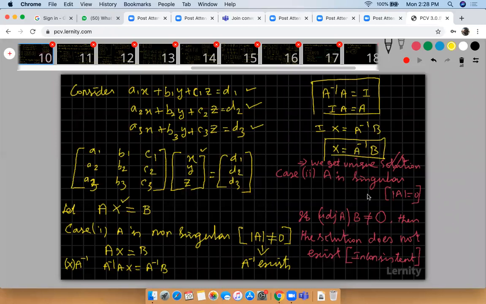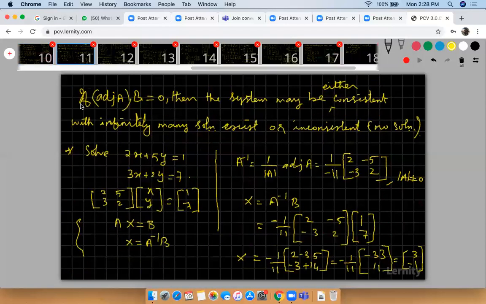If A is singular, meaning determinant A equals 0, then we have 2 cases. If adjoint of A into B is not equal to 0, then the system is inconsistent. If adjoint of A into B equals 0, then the system may be either consistent with an infinite number of solutions, or inconsistent with no solution.